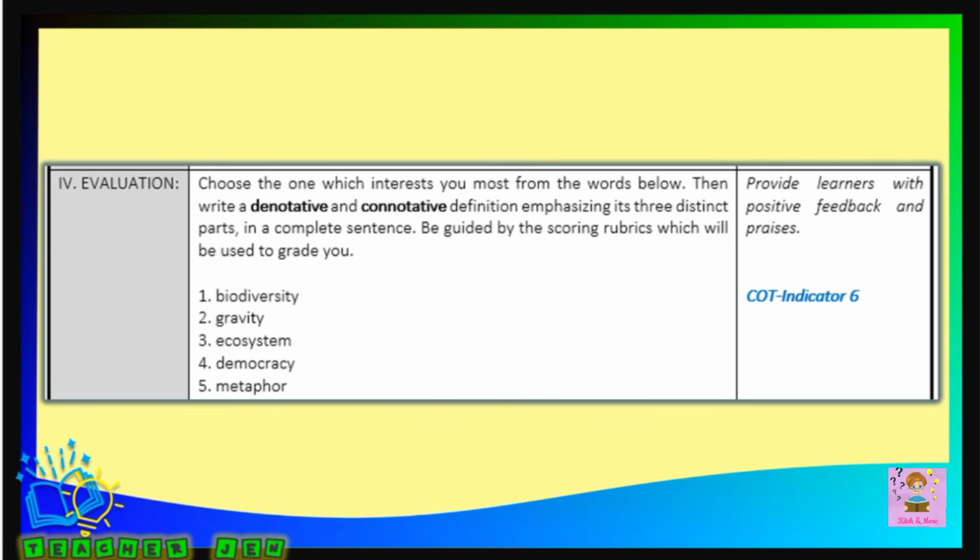I am able to provide differentiated learning experiences here that cater to the diverse needs, strengths, interests, and experiences of my students when defining a chosen word. Through this activity, I am able to recognize the unique needs of my individual learners by providing them with options and at the same time promoting higher level of thinking and understanding.